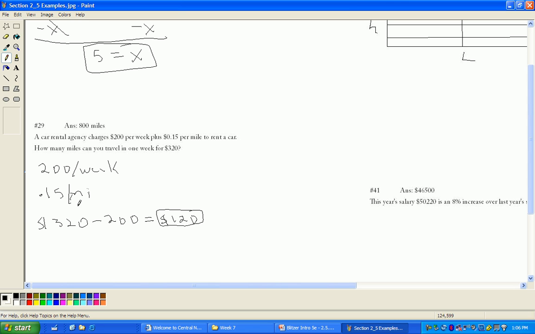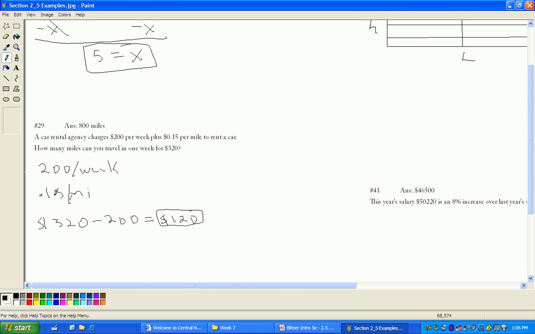So if we are charged 15 cents per mile, how many miles can we ride with $120? You figure $1 gets us roughly 6 miles, so every dollar gets us about 6 miles. Let's keep that in mind.